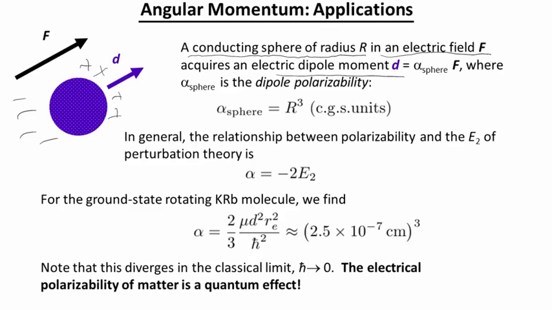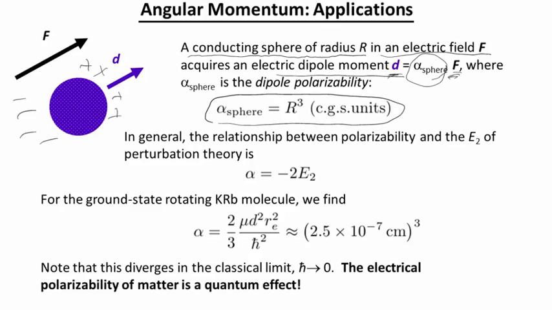And so it turns out that there's a very useful convention, the relationship for weak fields is a linear response. So the dipole moment induced by an applied electric field is just proportional to this constant that's characteristic of the object, which for a conducting sphere is just the cube of its radius. And that's when we use the CGS units for the electric field and charges.